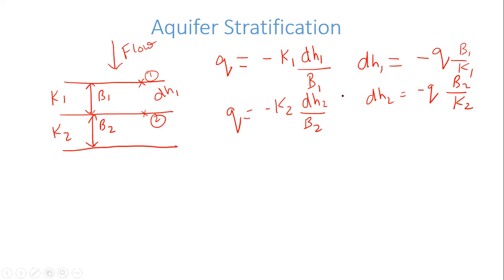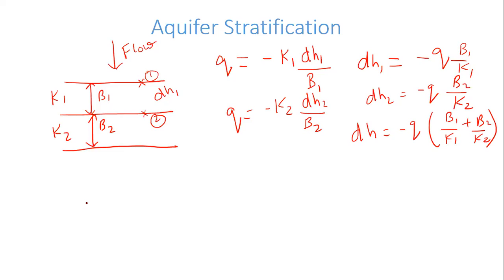So the total head loss happening as I move through the first layer and the second layer, the total head loss dH, is simply minus q times b1 by k1 plus b2 by k2. And if there are n other layers, you will simply add on plus b3 by k3 plus b4 by k4 and so on, right? So the total head loss occurring through this actual system is simply this.